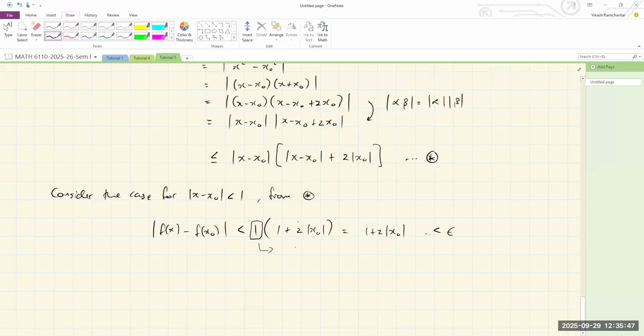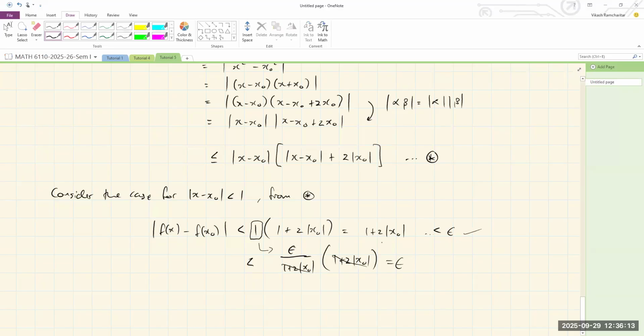So let's just say that this one out here was actually epsilon over 1 plus 2 norm x0, right? Let's just pretend. Then this will be less than this multiplied by 1 plus 2 modulus of x0, and this will cancel with this, and I will get the epsilon, which is what I want.